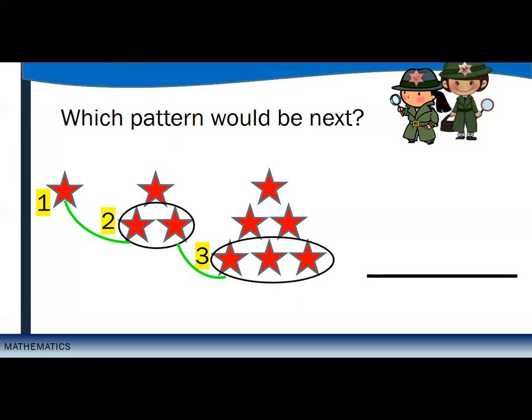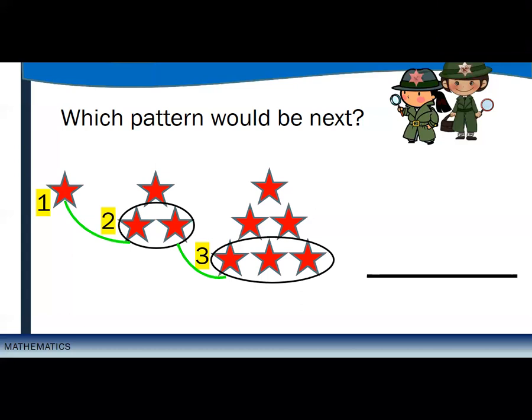Now, boys and girls, now that you have identified the rule and you see that this is a growing pattern, now tell me, if we should continue this pattern, what will the fourth pattern look like? Excellent, boys and girls. I hear you shouting out the answer.